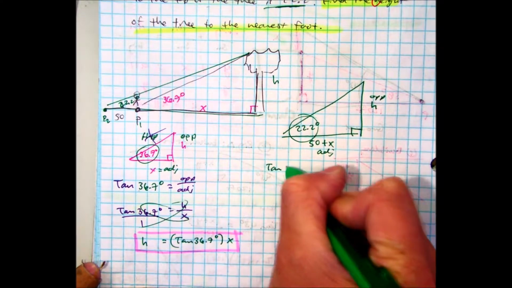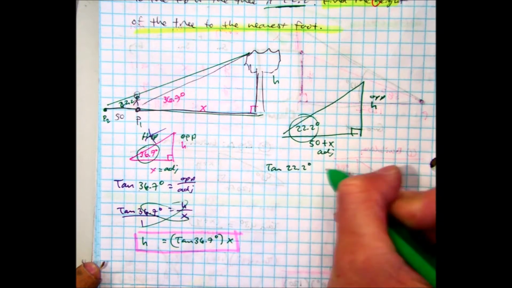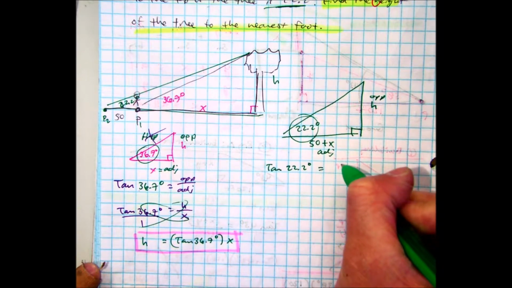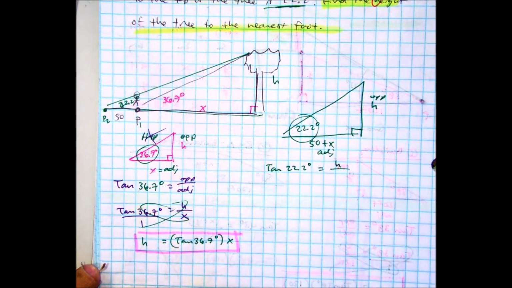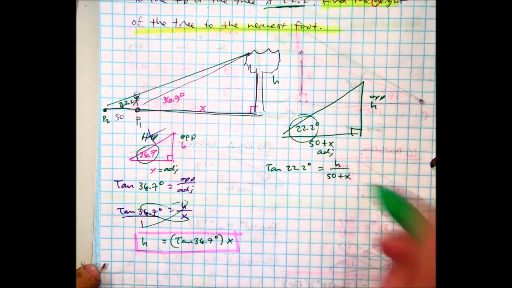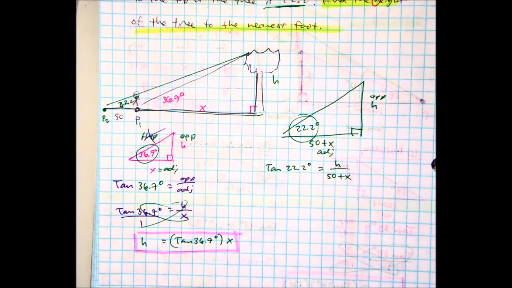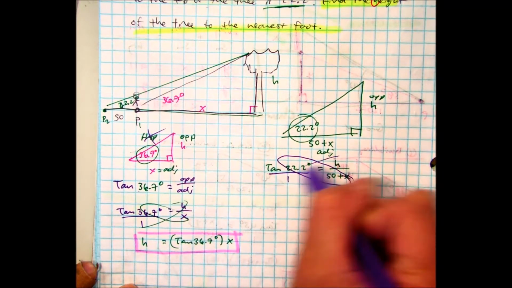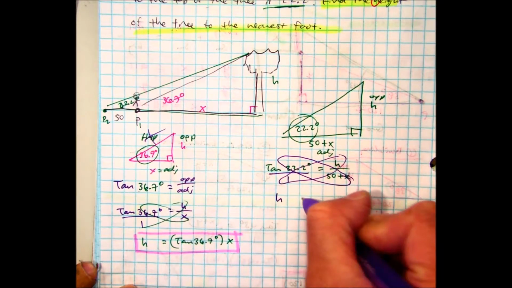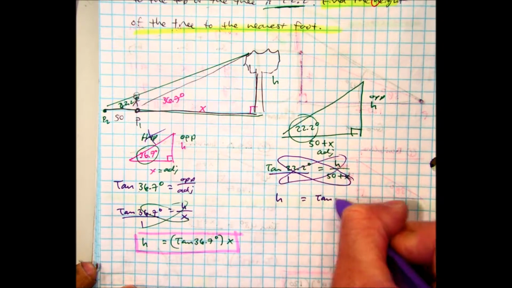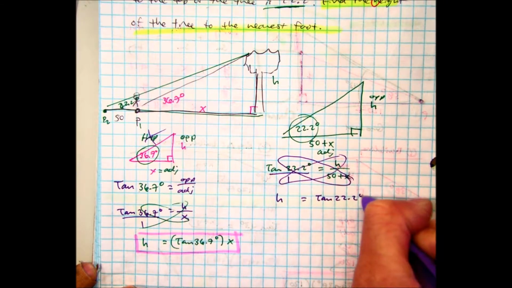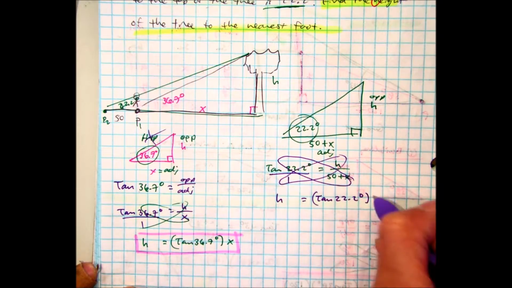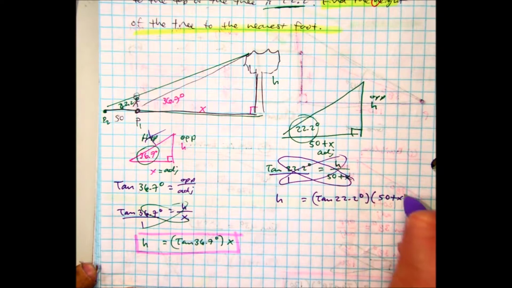So tangent of 22.2 degrees equals opposite over the adjacent, which is going to be h over 50 plus x. Raise your hand if you got that. Alright, we're going to do the same thing. Just going to cross multiply. I have h equals tangent of 22.2 degrees times 50 plus x.